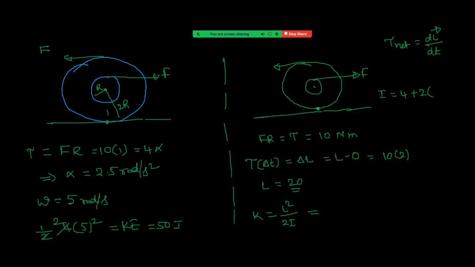Distance from here, how much? 2r. R value 1. This is 2. m r square, this is 2, 4, 8. 8 plus 4, 12. This is 12 kg meter square. So L square, 20 square by 2I, 2 into 12.